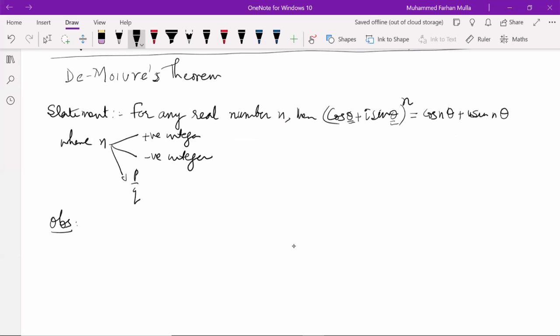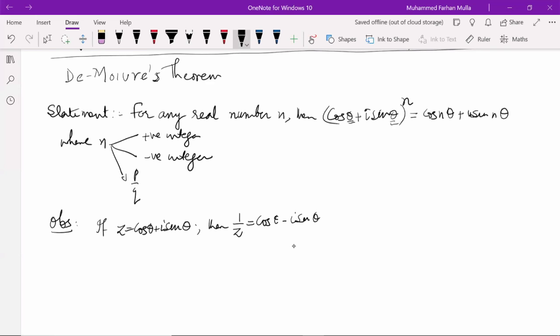Suppose I write z is equal to cos theta plus i sin theta, then what is your 1 upon z? So this is going to be cos theta minus i sin theta.